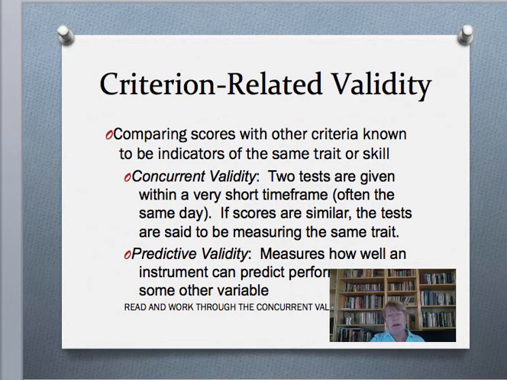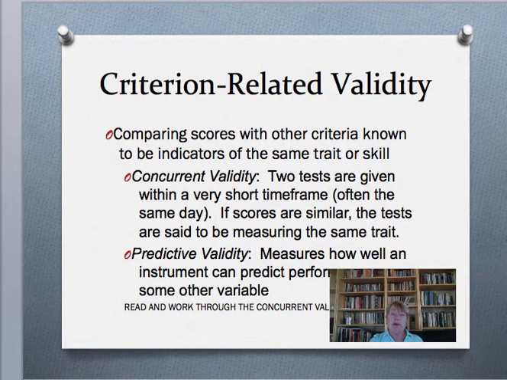Now, remember, you're going to be looking at reliability, and we talked about how to look for that. You're also going to be looking at validity. One way to look at it is you look at the content of the test and give some opinions about how you think the test is measuring certain things, whether you think the content is valid or not. But then you're also going to be looking at tables that report both criterion-related validity and construct validity.